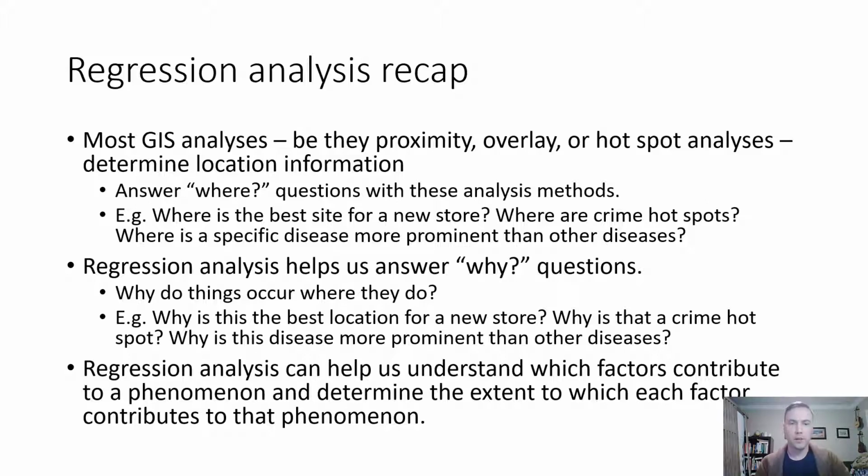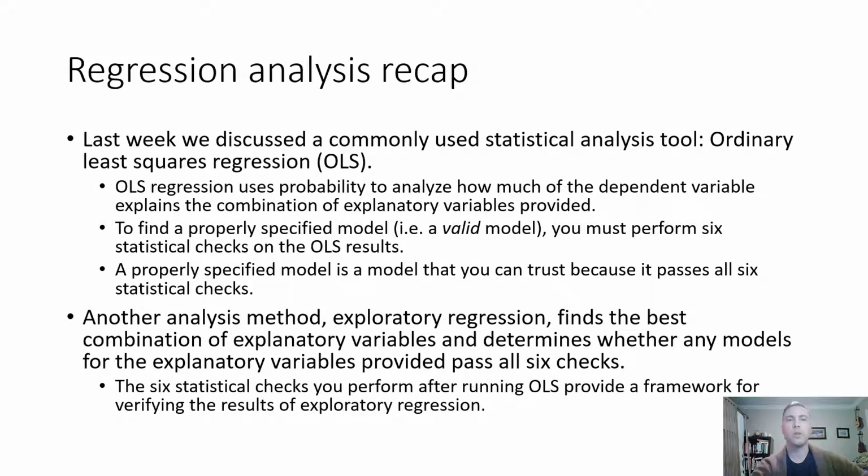So regression analysis can help us understand which factors contribute to a phenomenon and determine the extent to which each factor contributes to that phenomenon within a probability. So last week we discussed a commonly used statistical analysis tool known as ordinary least squares, or OLS regression. OLS regression uses probability to analyze how much of the dependent variable explains the combination of explanatory variables provided.